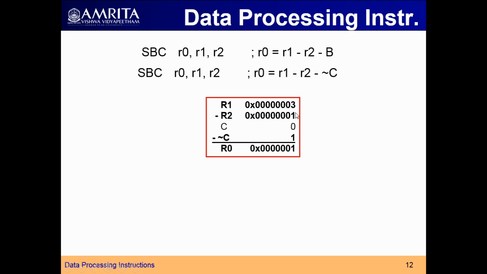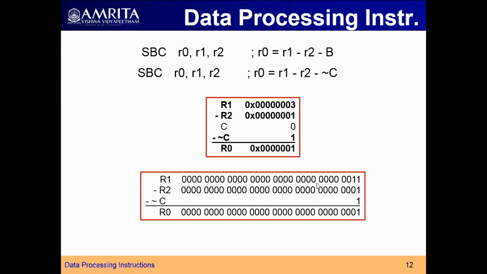What does it mean? 3 minus 1 minus 1. So 3 minus 2, that will be 1. In binary representation, 3 minus 1, again minus 1, because this is a borrow. The final result will be 1. This is how you perform subtract with the carry. Borrow is nothing but not of C.